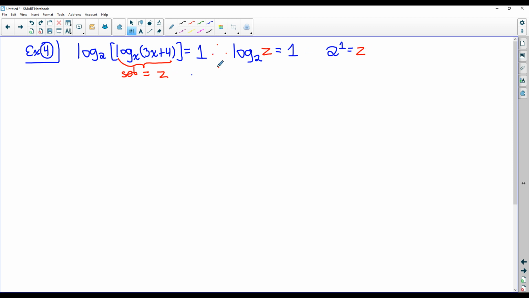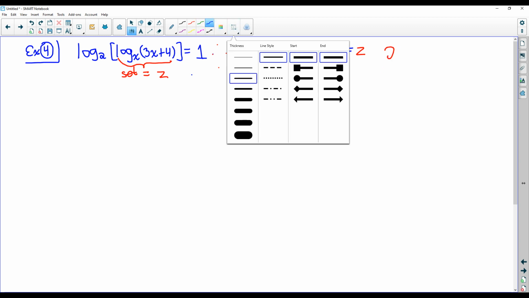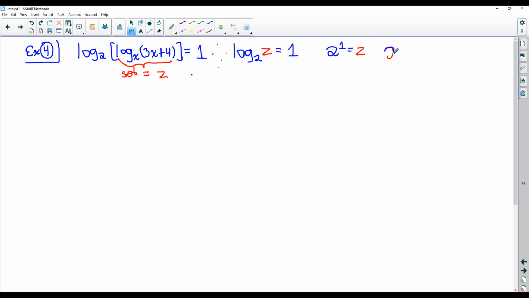So in the place of z, everything in the square brackets we're going to put back in there. So this would be 2 to the power of 1, which is 2, would be equal to log with a base of x, and then 3x plus 4. And now I have just a single logarithm.